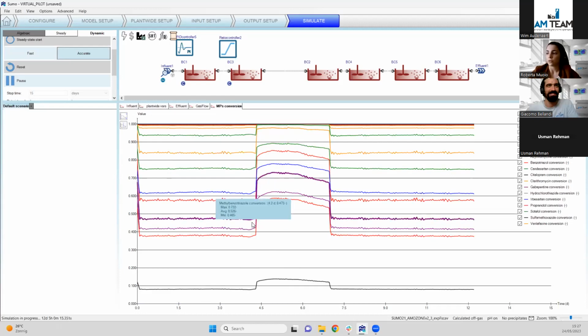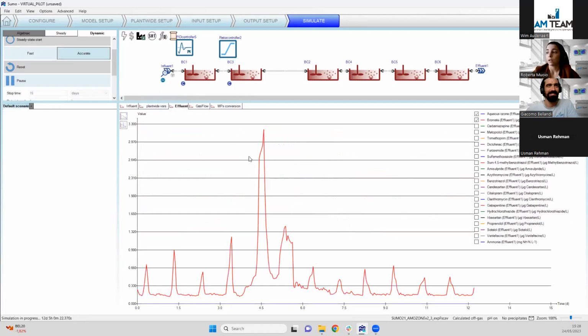What is interesting is that during the rain event, we have an increase of micropollutants removal. Why? Because with the dilution of the water, the scavenging of the radicals is less pronounced, which means we have more production of hydroxyl radicals, leading to higher micropollutants removal and, as we can see, higher bromate formation as well.